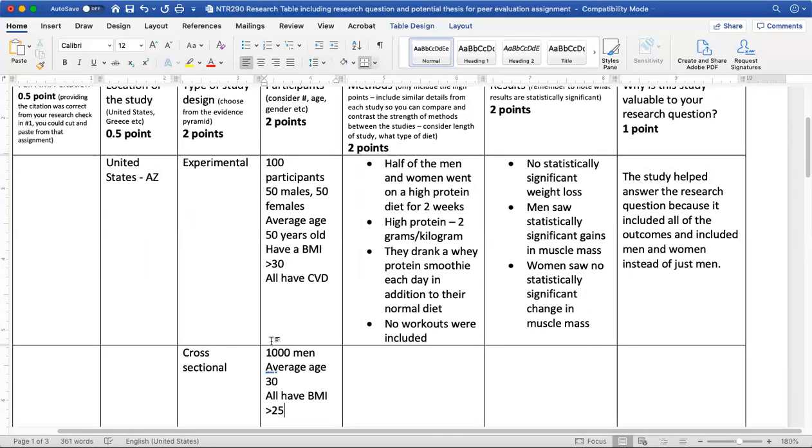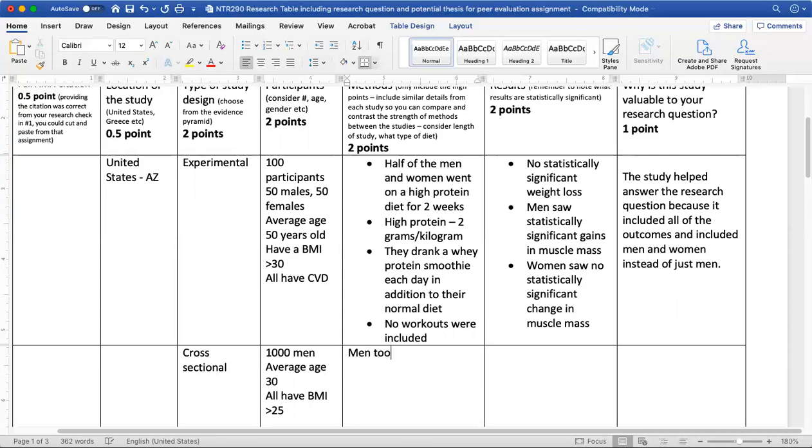So you can already see, while this study was experimental and had 100 people, this study was cross-sectional with 1,000. But if we're considering our pyramid, the experimental study is valuable to us because it helps us do a little bit more of cause and effect. So if they have this high protein, whey protein smoothie, then men will see statistically significant gains in muscle mass, where this one's cross-sectional, lower on the pyramid, it's just observational.